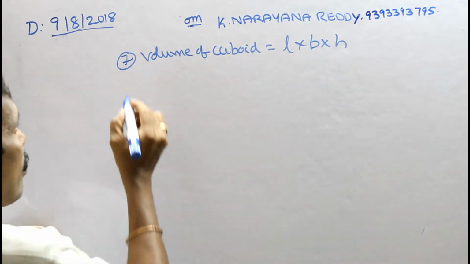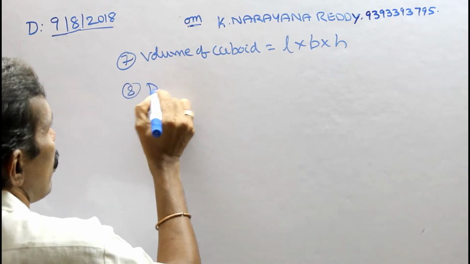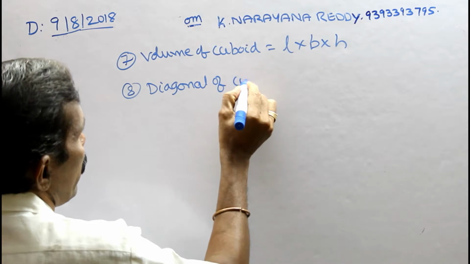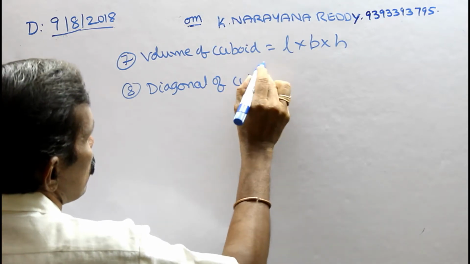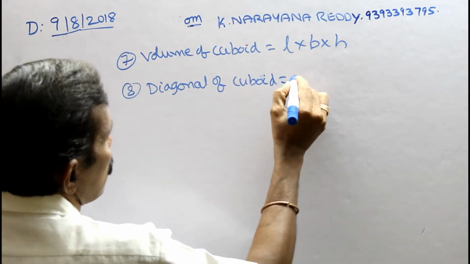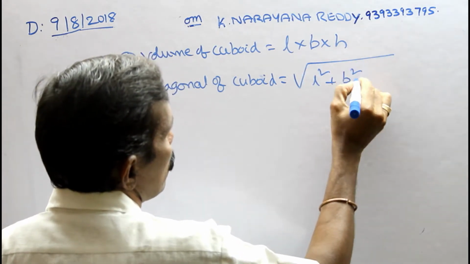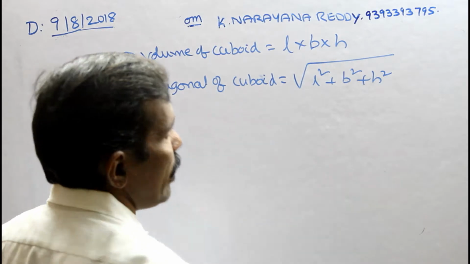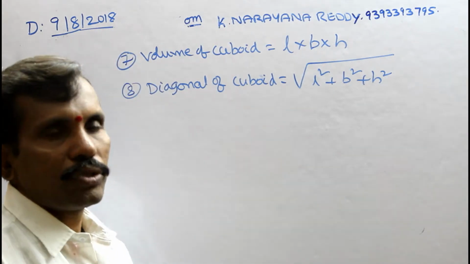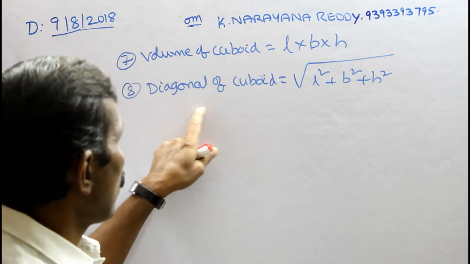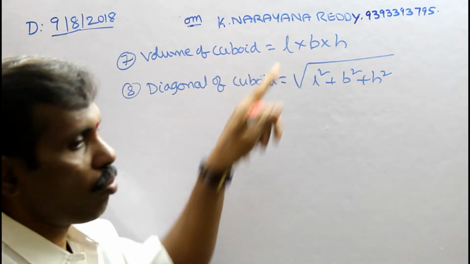Okay, now diagonal of cuboid. Root of length square plus breadth square plus height square. That is about the cuboid. So, diagonal of cuboid, volume of a cuboid.